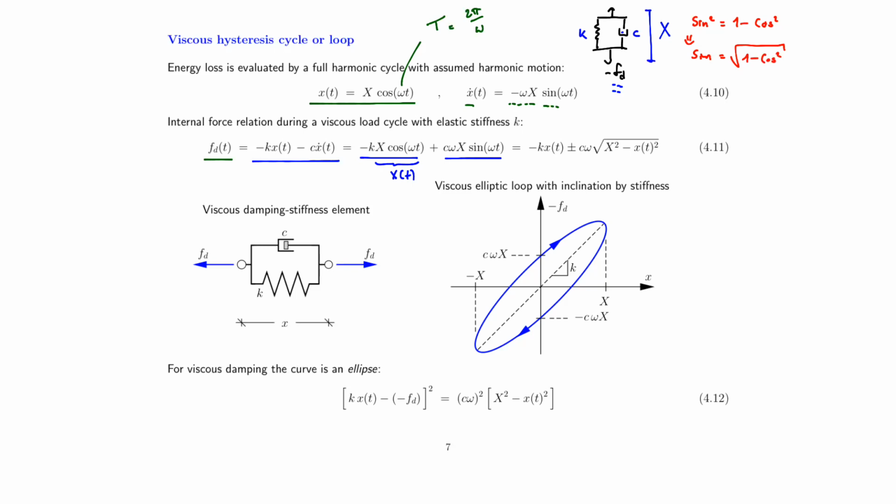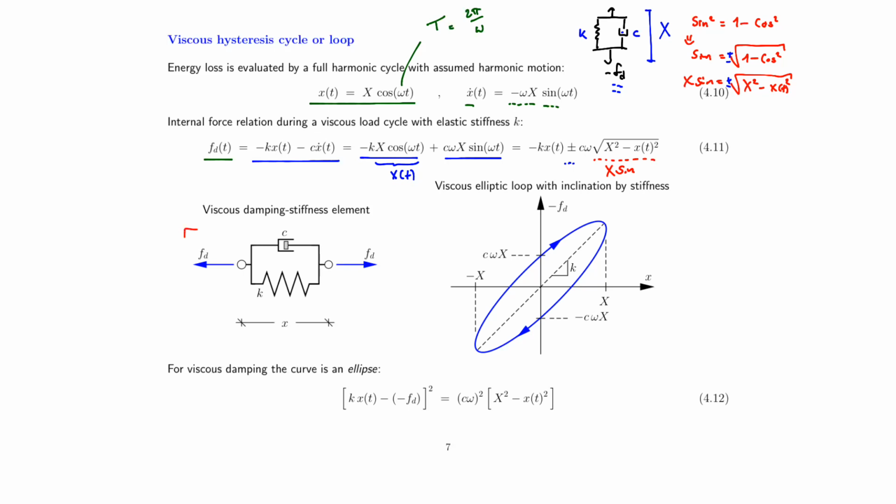If I multiply by capital X, I will get capital X squared, but then I'll also get capital X times cosine squared, and that is the same as x squared. So this means that what is actually written here is capital X sine. And remember, whenever you take a square root, of course, you will have a plus minus, and that's what is given in this expression here.